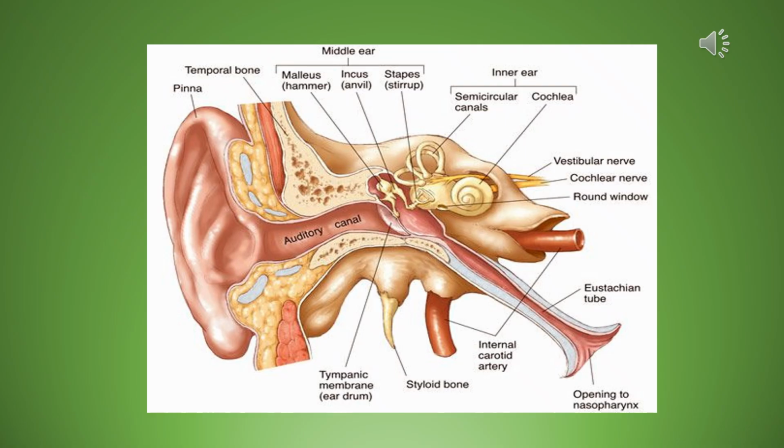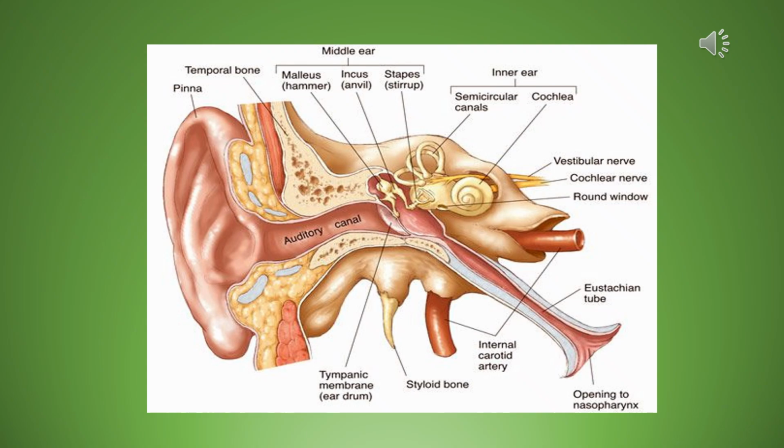Notice that the stapes is attached to the cochlea. The cochlea and the vestibule are fluid-filled chambers. The stapes is a bone. It attaches to those fluid-filled chambers. If the stapes moves, then that will create waves in that fluid.